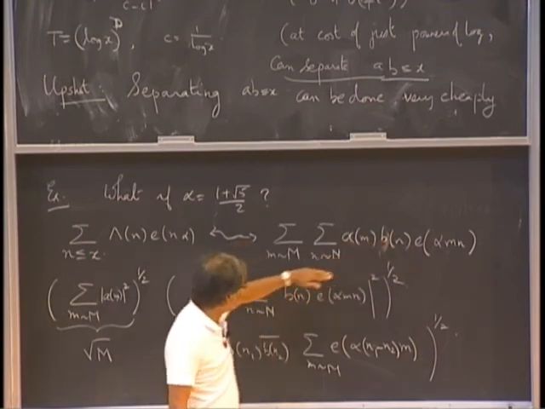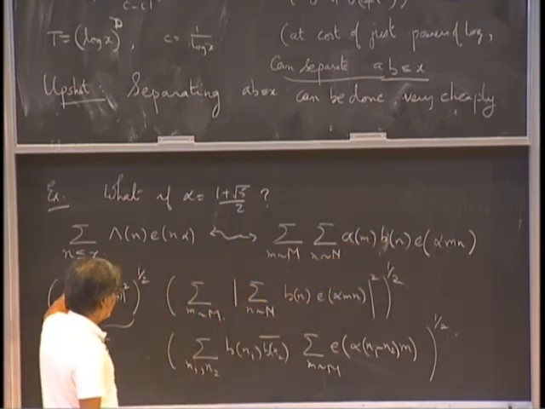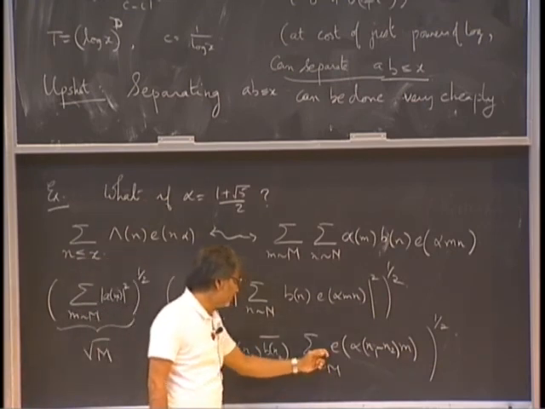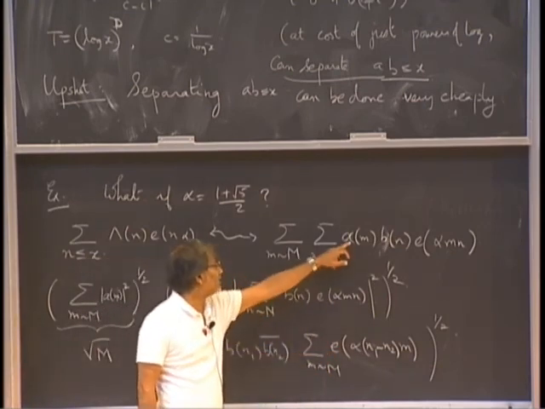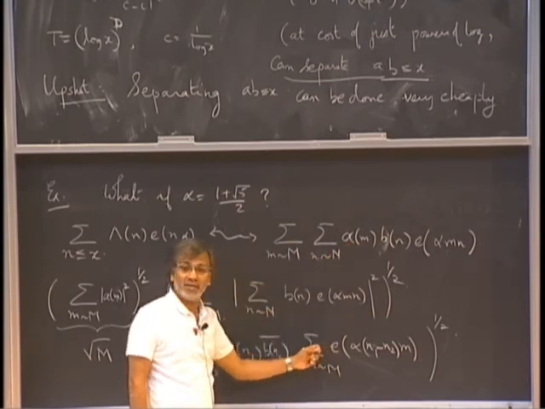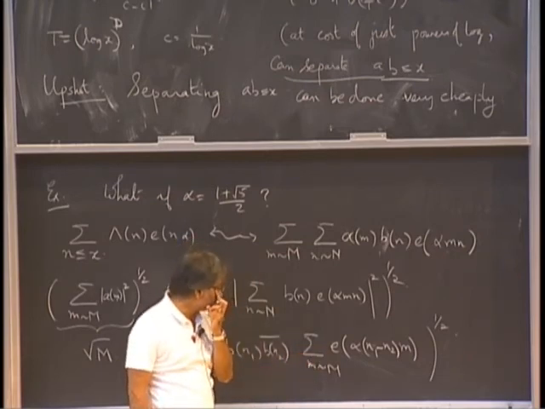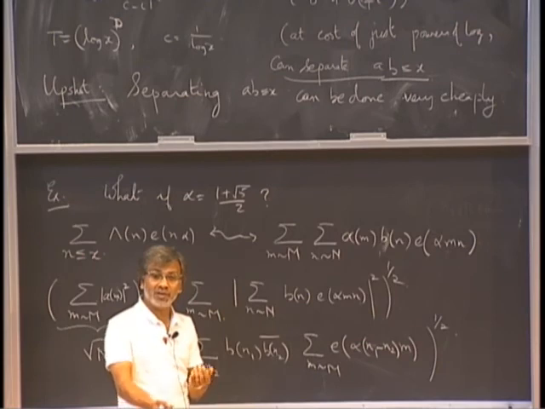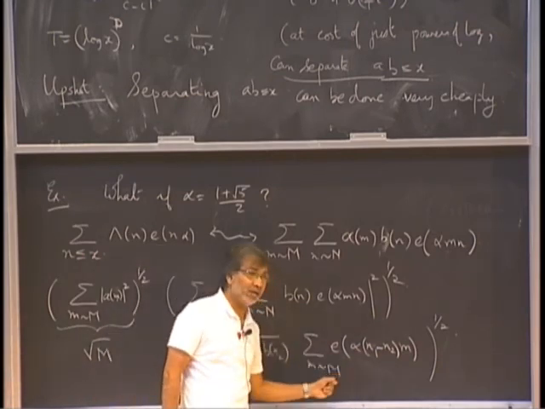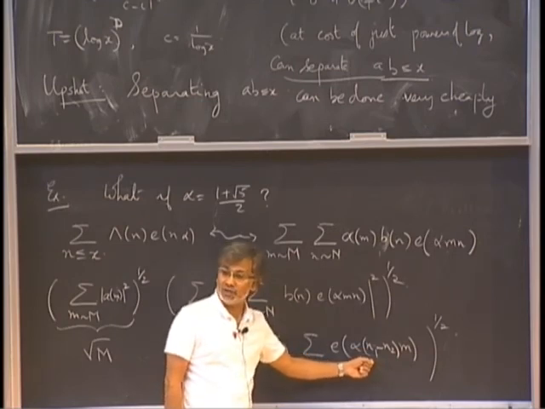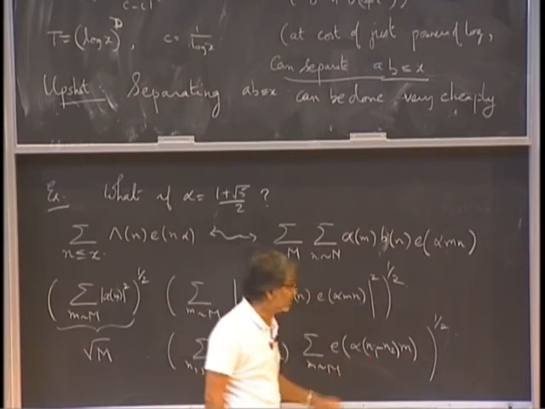But once I use Cauchy's inequality, what I now have is a sum over m where the unknown quantities a of m have been replaced by just the number 1, which is a big advantage. This is a principle we saw in the proof of the large sieve. When we went to the dual form of the large sieve, we had to evaluate a sum of this type, which is just a geometric progression, so it's easy to estimate.